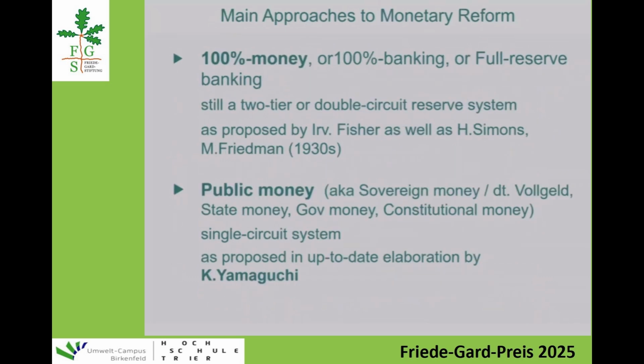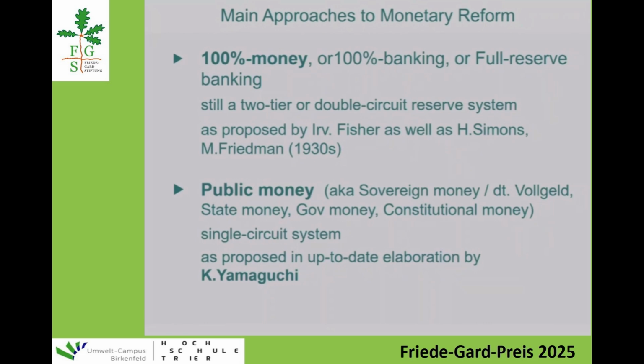It's now about a good 100 years that quite a few, or I would say many, renowned economists have criticized fractional reserve banking and also came up with numerous reform proposals on what to do about it.